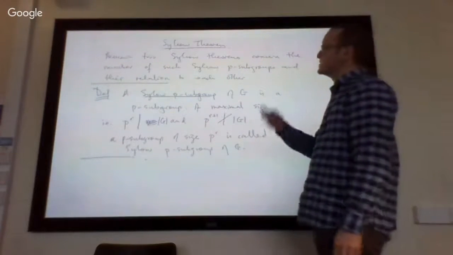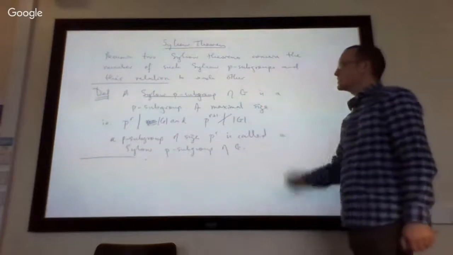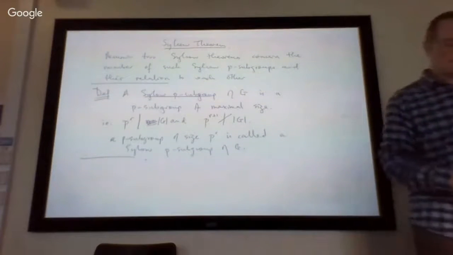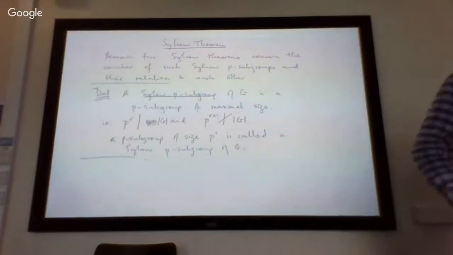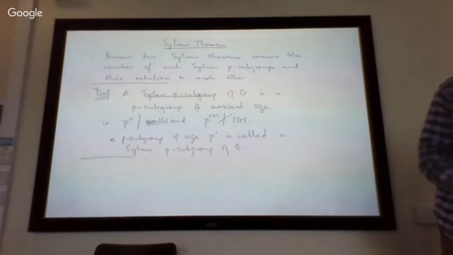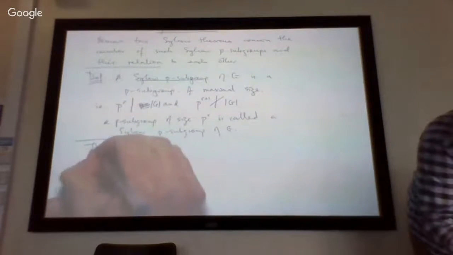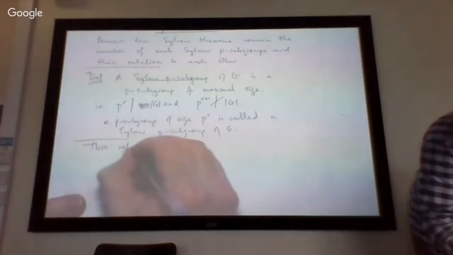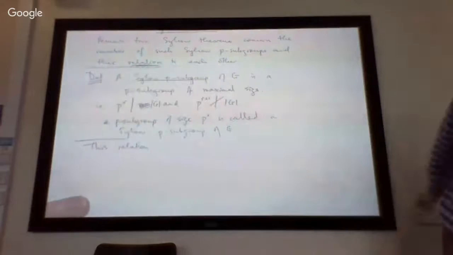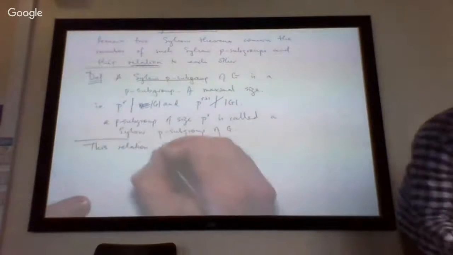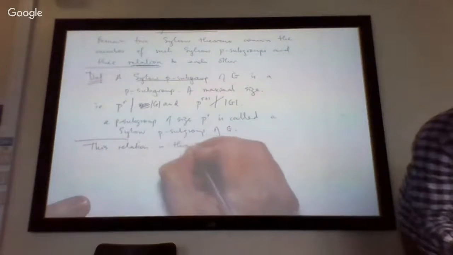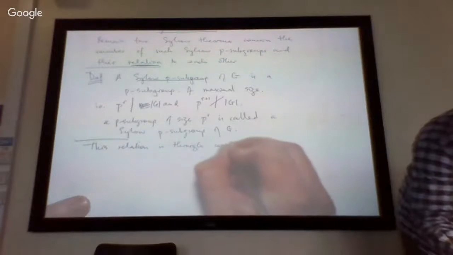So what's the relationship between these groups to each other, and how many of them are there? These are the two questions that the second and third theorems seek to answer. Now this relation, how the groups relate to each other, is through our familiar idea of conjugation.